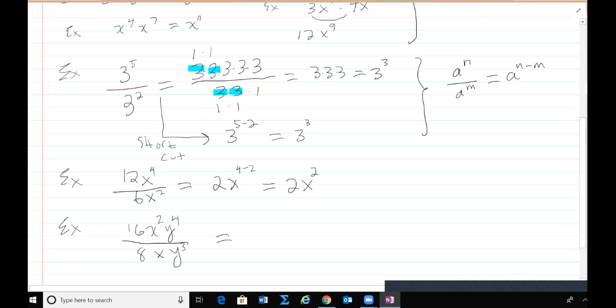Well, since it's a single product, we could write it like this. We can have a 2 because 16 over 8 is 2. And then we would have an x to the 2 minus 1 and a y to the 4 minus 3. So we can just combine the like bases like that. This would be an x, and that would be a y, and that would be our answer.